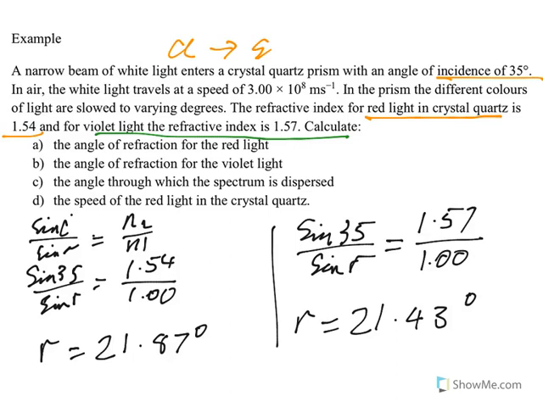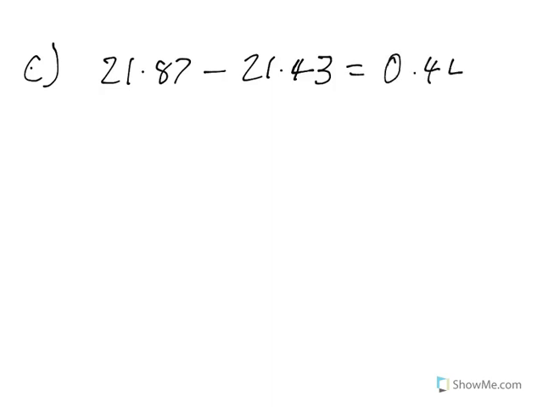All right, so not much of a difference, a fraction of a degree, but a difference nonetheless. Which then relates to part C, through which angle is the spectrum dispersed. Well, it's just the difference between those. So for part C, 21.87 minus 21.43 is equal to 0.44 of a degree. Not much, but certainly some dispersion.